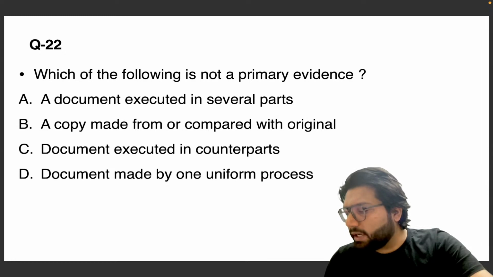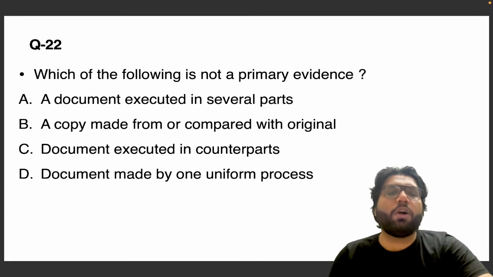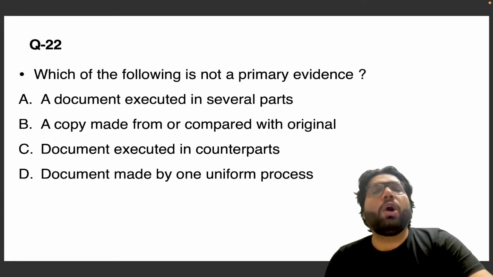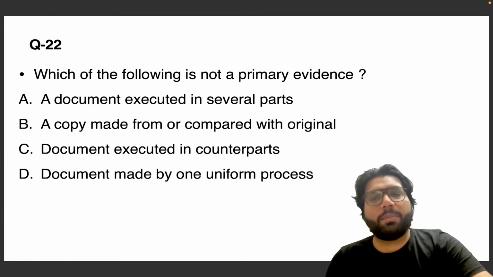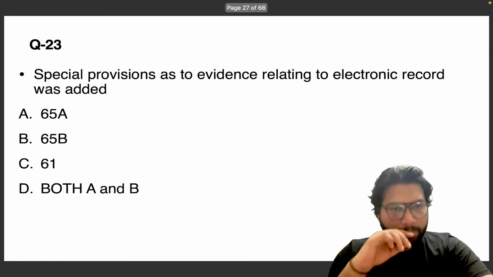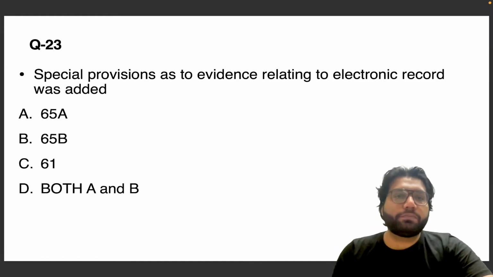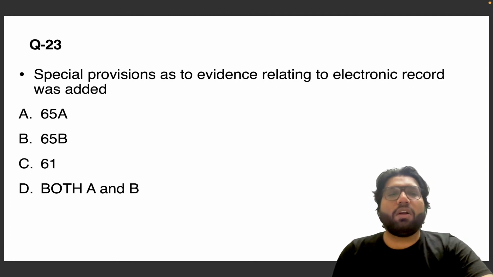First one to answer correctly, Sapna, followed by Shivani and Pratibha. B is the correct answer, students. A copy made from or compared with original. This is not a primary evidence. Special provisions as to evidence relating to electronic record was added.